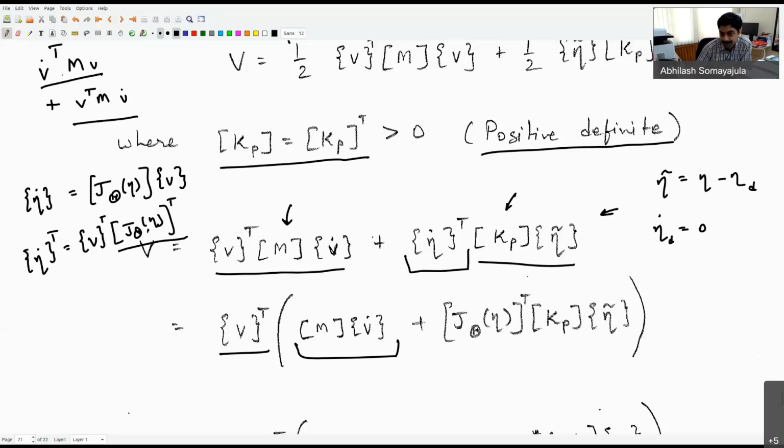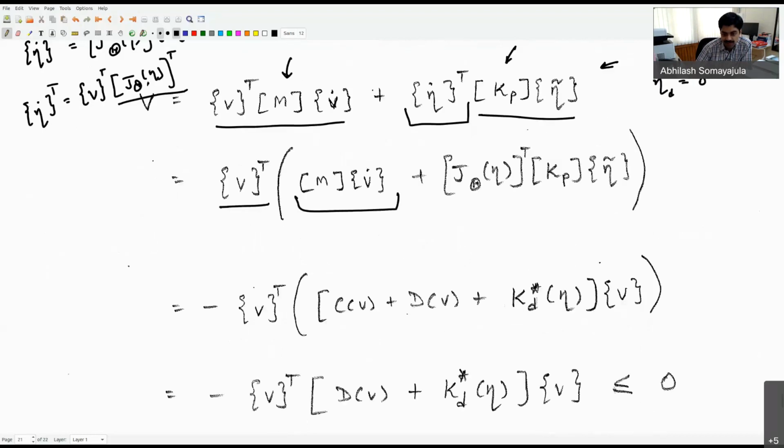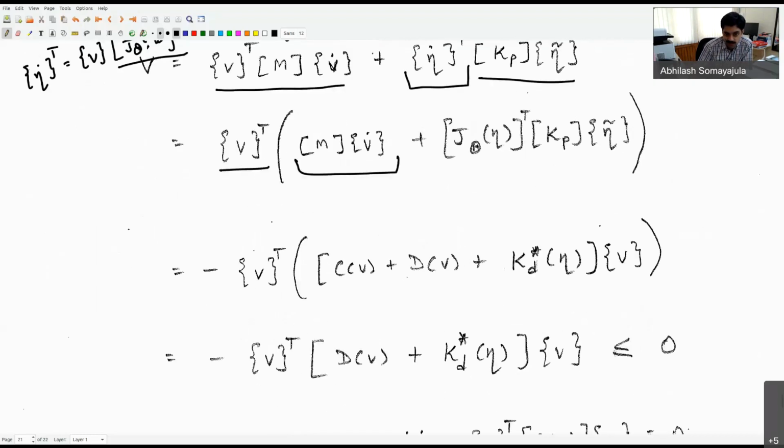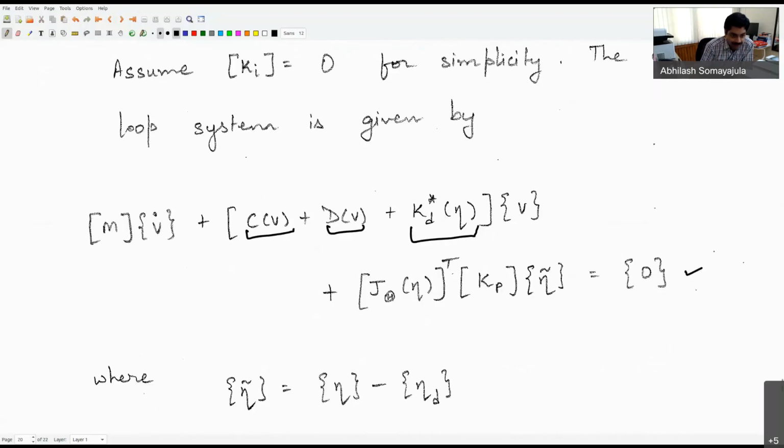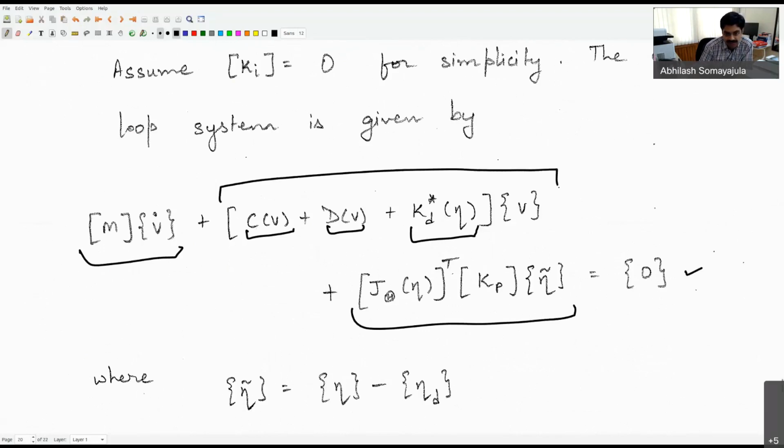Everybody following me? Krishna Velu, following me? Yes, sir. All right. Now I can see that M V dot plus J transpose Kp eta tilde, if I look back at my closed loop system, is this term plus this term. That is nothing but equal to the negative of this term from my closed loop dynamics.